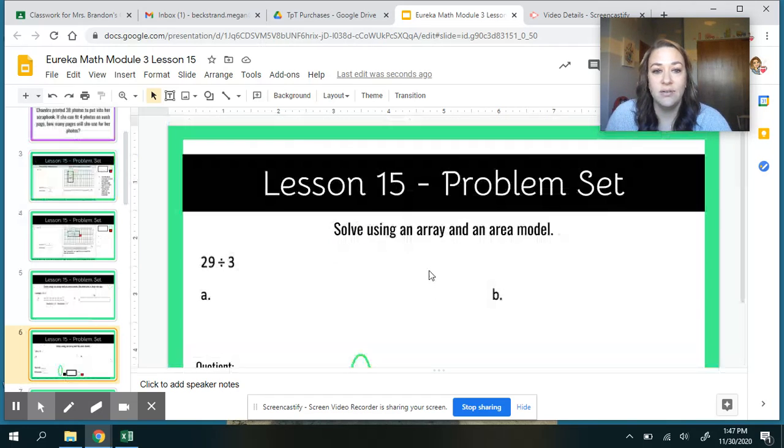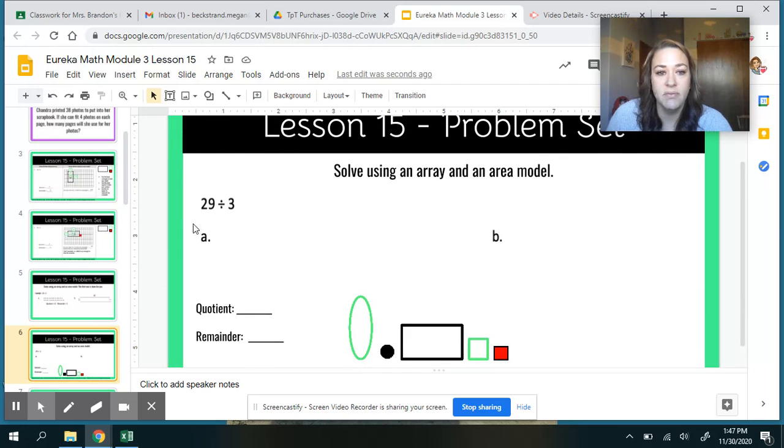All right, so let's do one of these together, okay? So I got 29 divided by 3. So my groups are going to be groups of 3. Groups of 3, we're going to count up to 29.